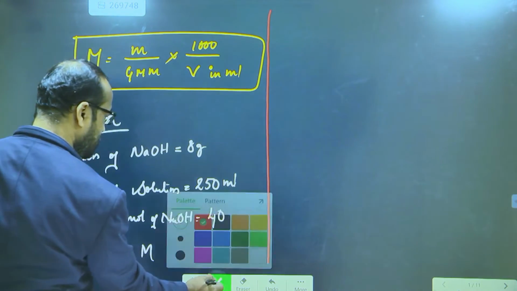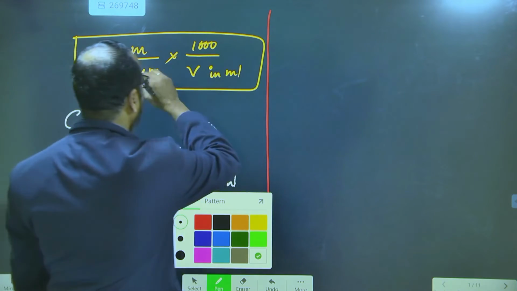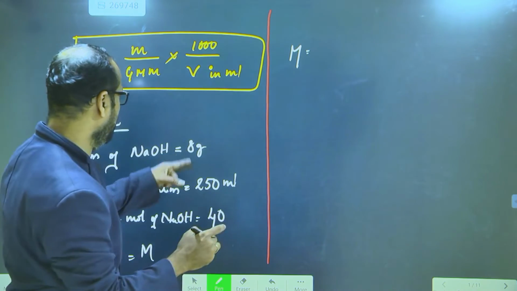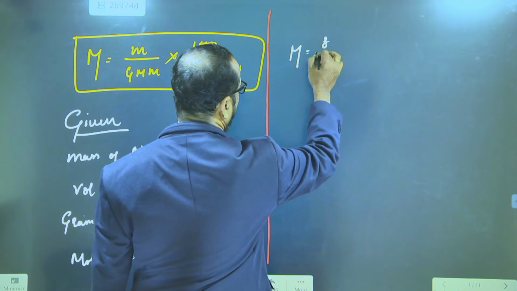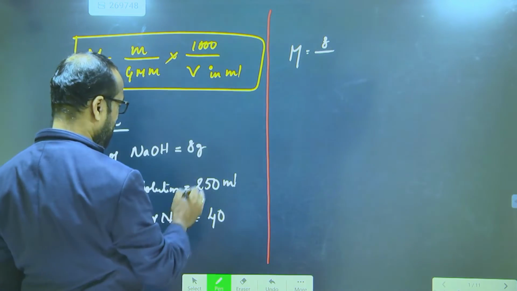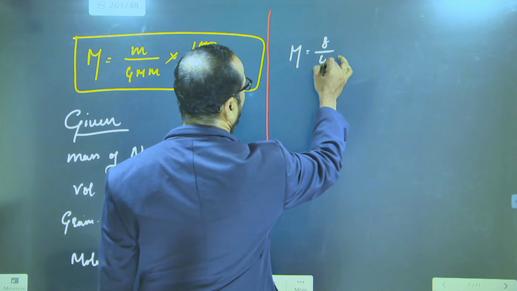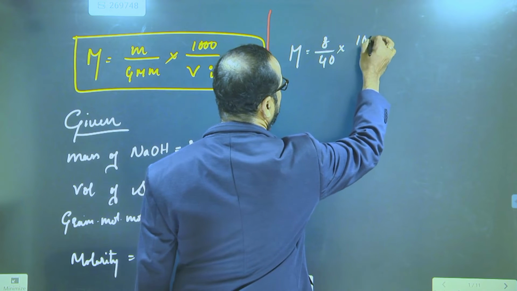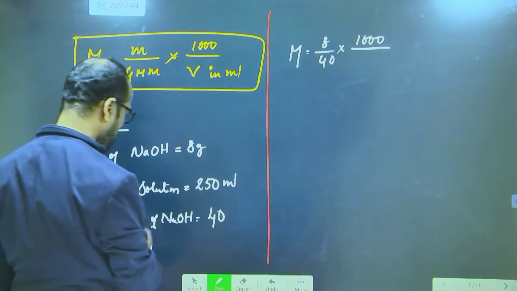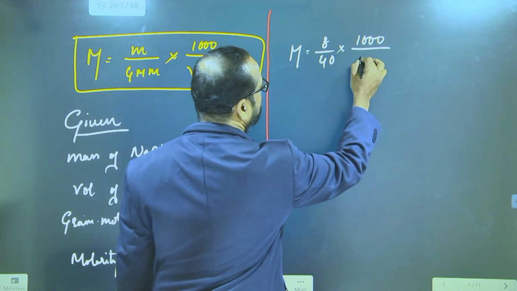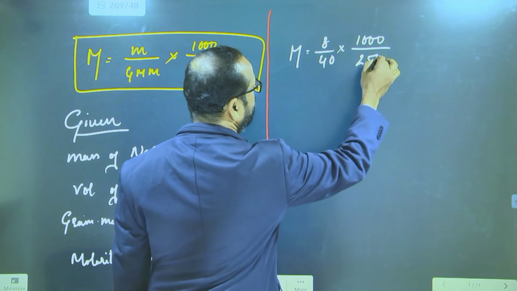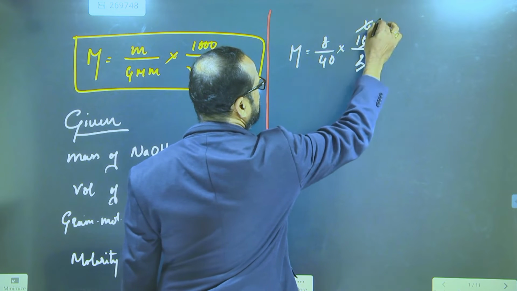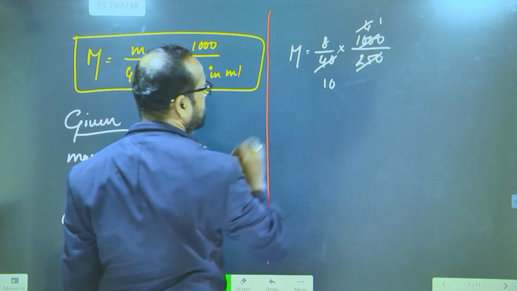Now take this formula and substitute. Capital M, that is molarity, is equal to mass, 8 grams, divided by the gram molecular weight, 40, into 1000 by V. The volume of solution is given as 250 ml, so write 250. Cancelling, 4 tens are 40, this also cancels.